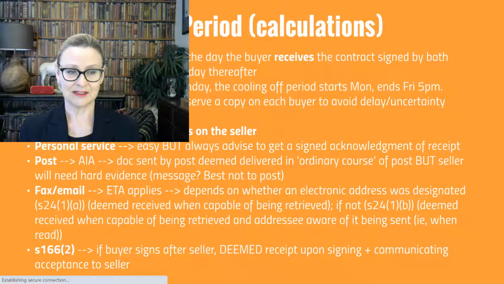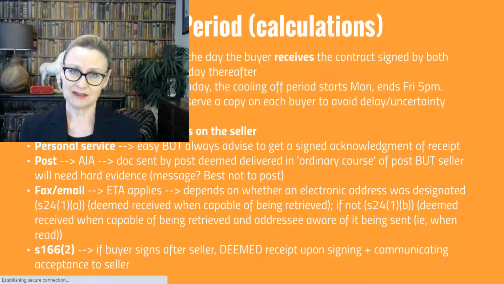Under section 166(2), this is just an eminently sensible provision. If the buyer signs basically immediately after the seller, they're going to be deemed to have received the contract upon signing and communicating their acceptance to the seller. So essentially, and this will apply in most situations where you've got some argy-bargy going on between the buyer and seller, with backwards and forwards, counter offers being swapped, and then the seller says, this is my lowest price, and countersigns at that price, the agent takes it back to the buyer who also countersigns at the same price.